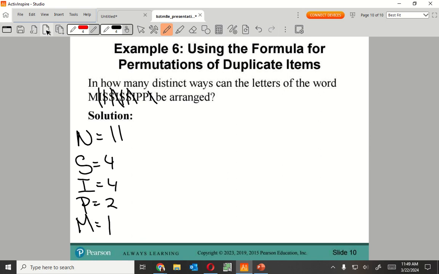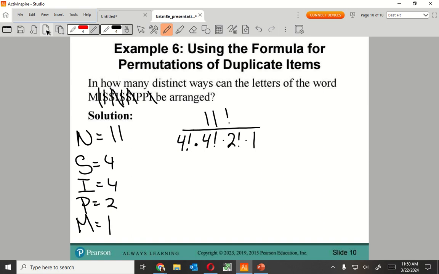Now, we're going to put this all together. And this is what it meant by repeating. We put them all together in this format. So, from my formula, it's going to have 11 factorial over, and I start with the highest one that's repeating, which is going to be 4. 4 factorial times 4 factorial times 2 factorial times 1. 1 factorial is basically just 1 times 1, which is 1.